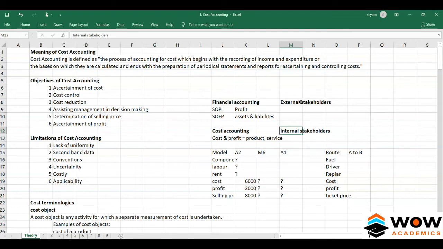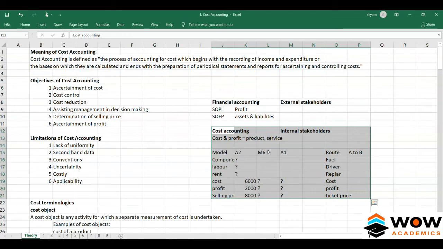Internal stakeholders are management, and management wants this information here. So usually you cannot find out this information from financial accounting. Whenever you get an annual report of a company, you will not find this information at all. So that's about the key concept here.